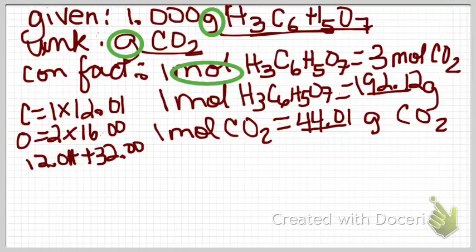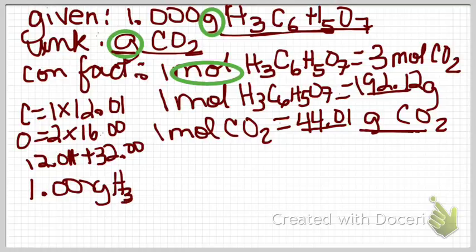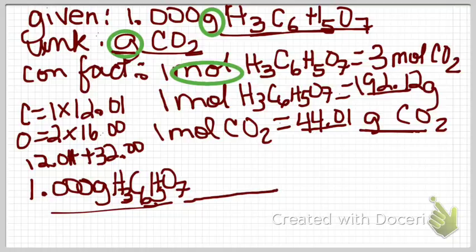Now we're ready, because now we have grams of CO2, grams of CO2. We have grams of citric acid, grams of citric acid. So we are ready to solve. And we're always going to start with that given. Since we have grams of our given on top, grams has got to go on the bottom.